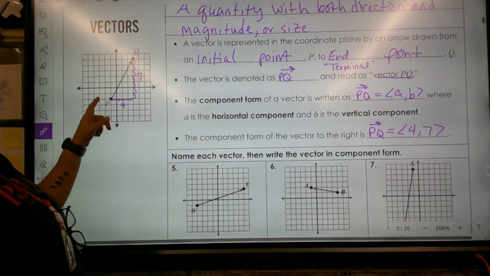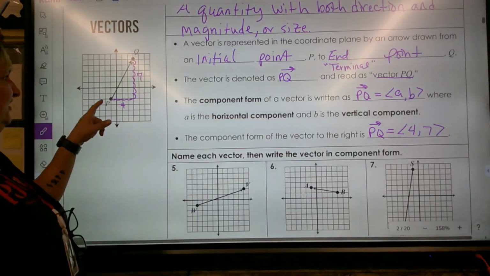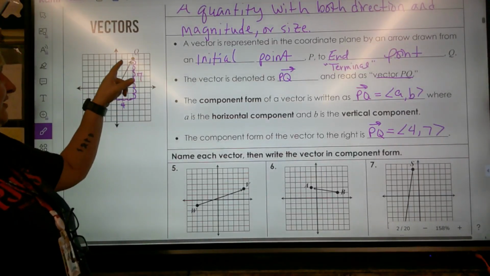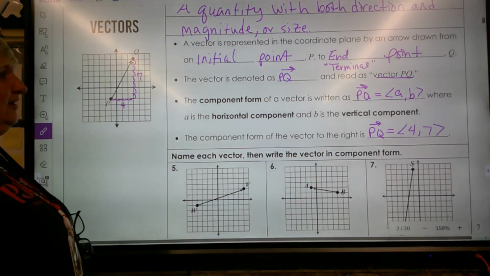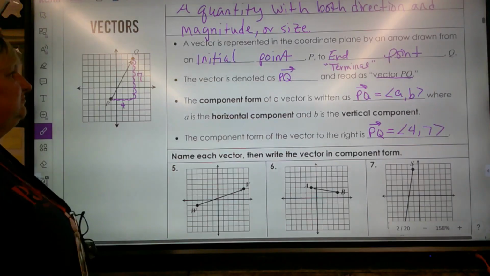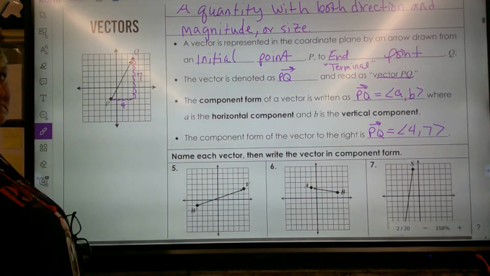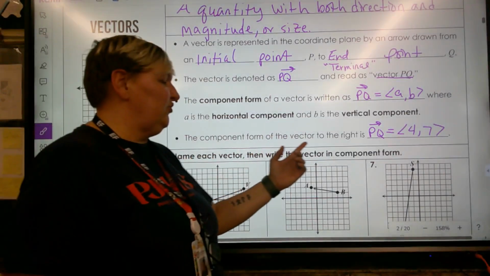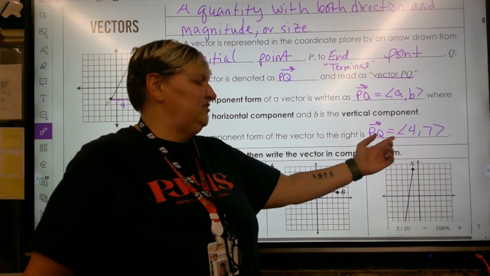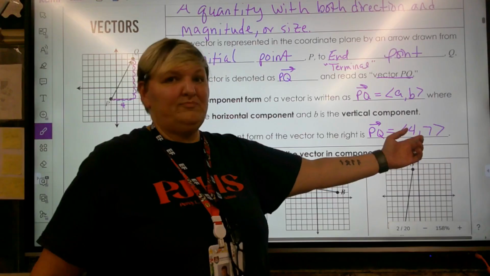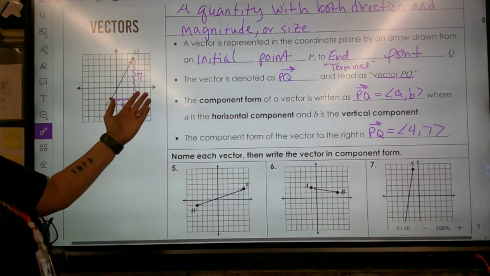So if I wanted to tell people how to move this, it made a triangle. So the component form of vector PQ is positive 4 comma positive 7, because it went 4 to the right, 7 up.